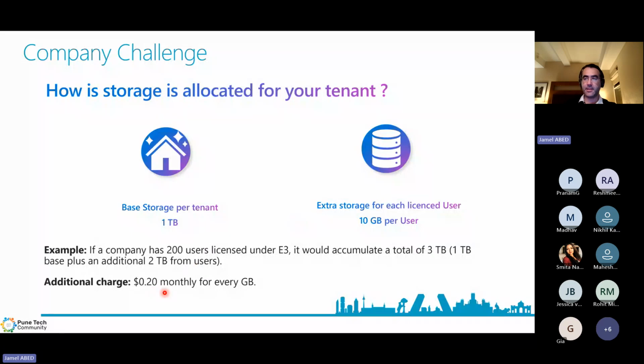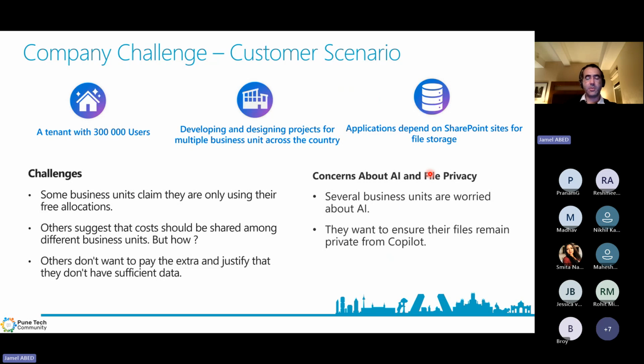You will pay extra every month, 20 cents monthly for each gigabyte, when you exceed this limit. That means it's not free when you work on a SharePoint site. If you exceed this limit, you will pay extra. It's very important because I want to compare with SharePoint Embedded also. And I worked with one customer, so I want to share this real use case with you.